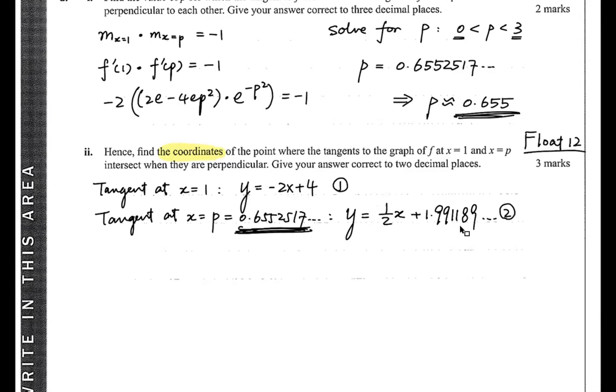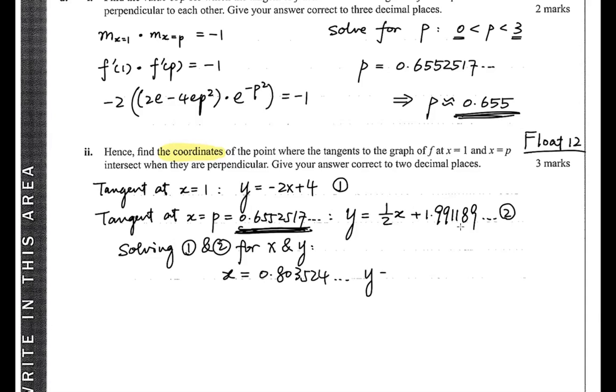Equation 1, equation 2. Solving equation 1 and 2 for x and y, your x value is 0.803524 blah blah blah. y is 2.392951.